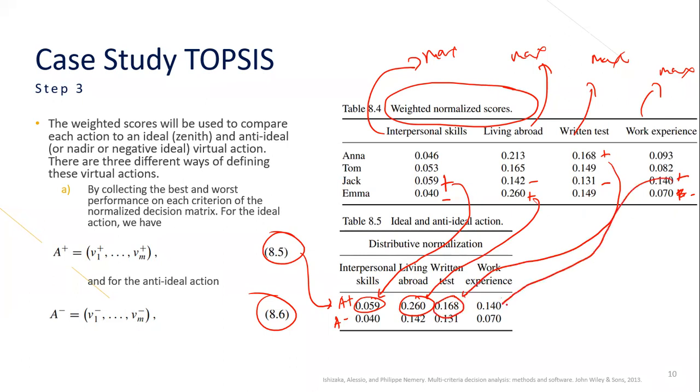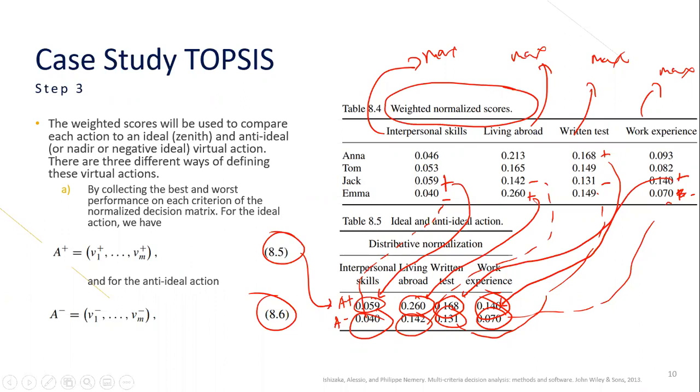Okay. And then this one is the anti-ideal. This is 0.31 and this one. Okay, that's how you get the ideal and then the anti-ideal solution.